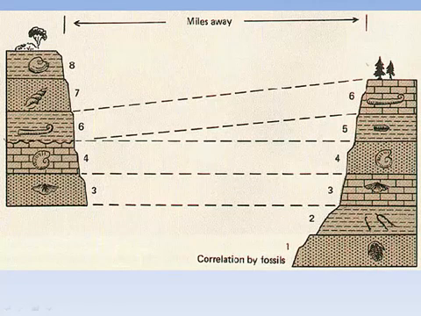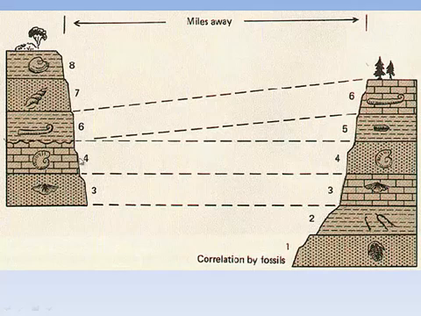Another way we can use fossils is what's called correlation. Suppose you're examining a cliff and you notice these layers of rock containing these different fossils, and then you go across the valley and you see some more rocks, and you notice that these rocks contain these types of fossils. You know that this type of rock here is the same age as this rock because they contain the same fossils.